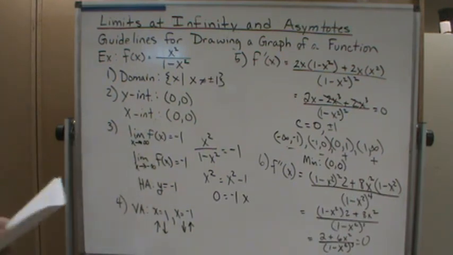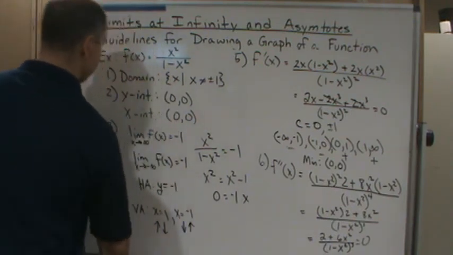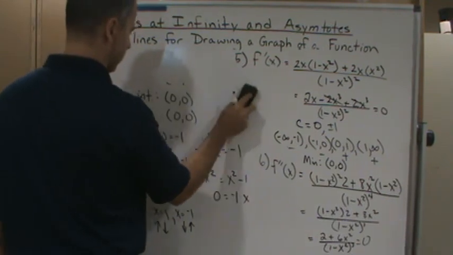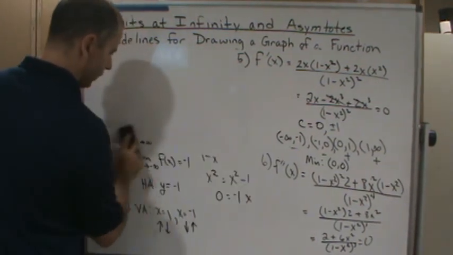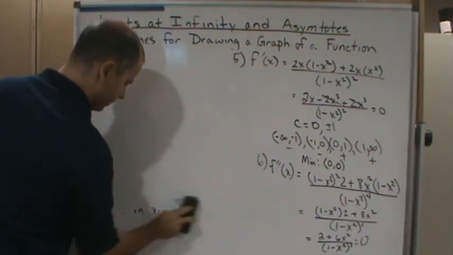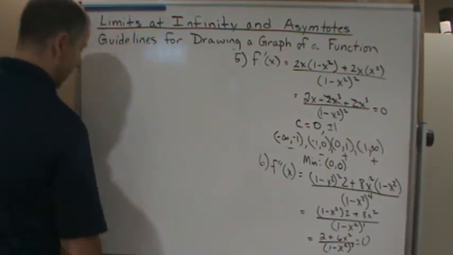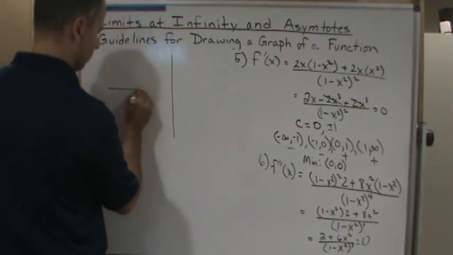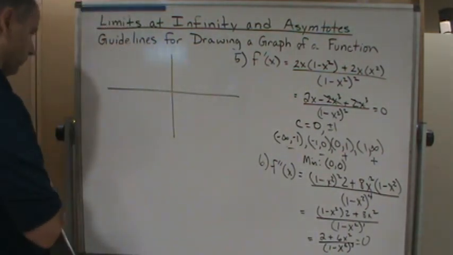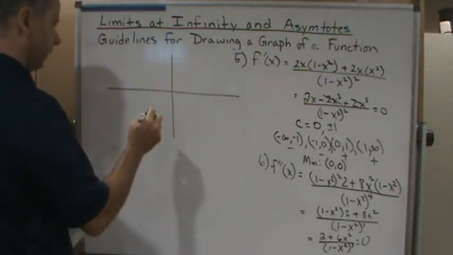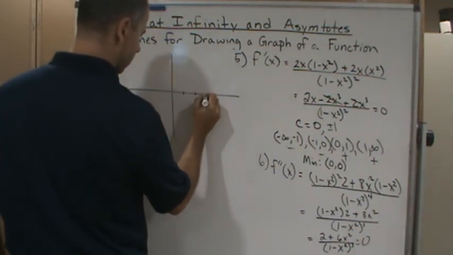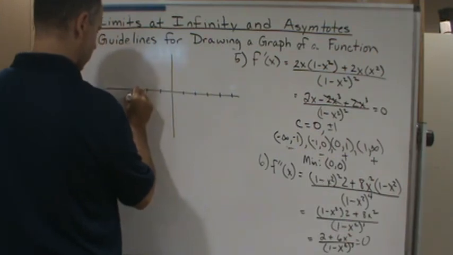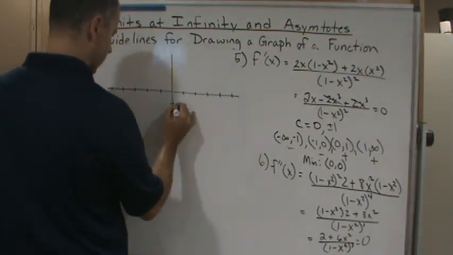Now, if we graph this, this is what we get. So I'm going to erase some of this. So look at your notes and let's sketch the graph of this thing. Okay, so let's just put some tick marks here.